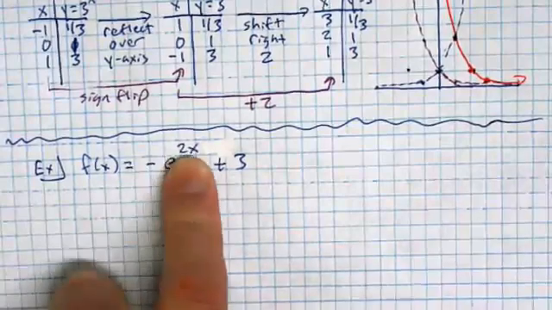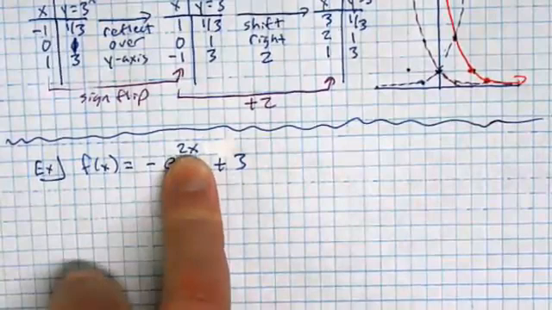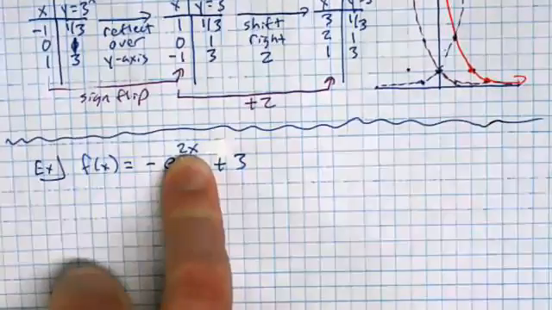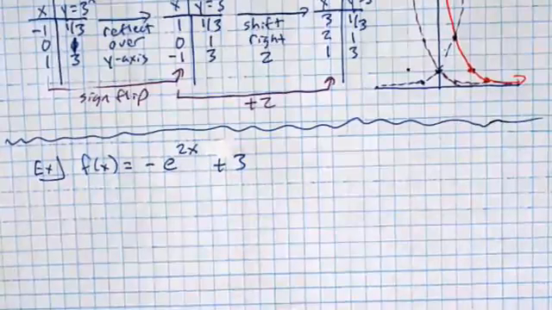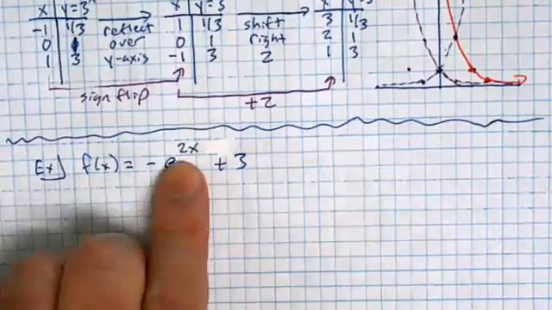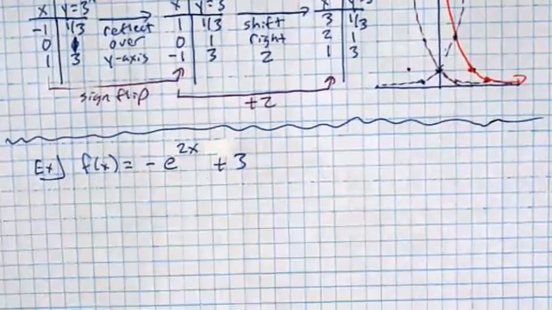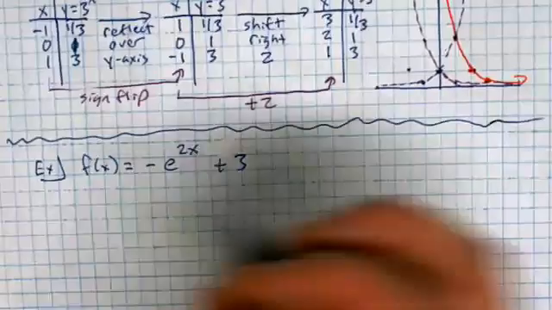And this 2 is multiplying by the x on the inside of the function. On the inside, everything's backwards. You would think multiplying by 2 would make it bigger, but this is going to actually shrink it or contract it by a factor of 1/2. So it's going to make things smaller. Horizontal shrink by a factor of 1/2. All right, so let's start off with y equals e to the x.